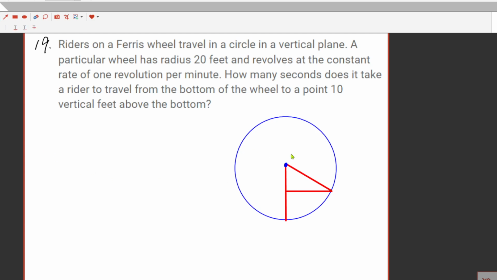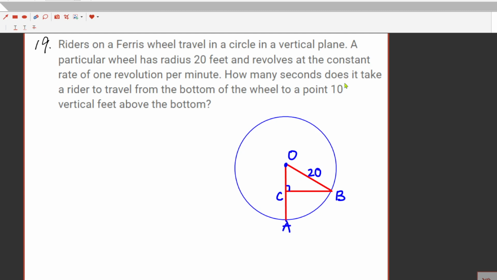Okay, so let's call this point O, A, B, and this is point C. Okay, radius 20 means OB is 20, OA is 20.